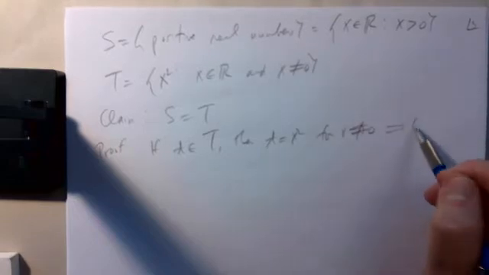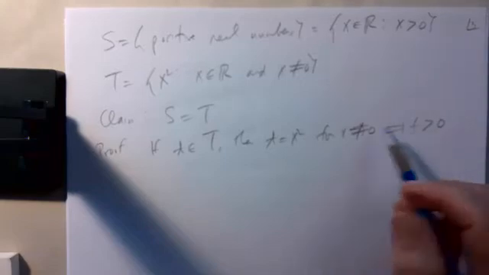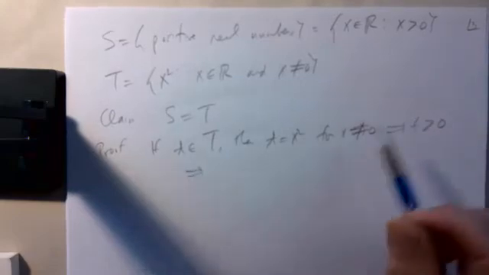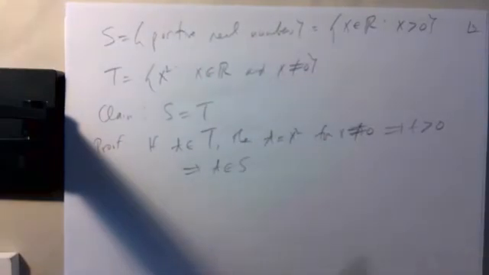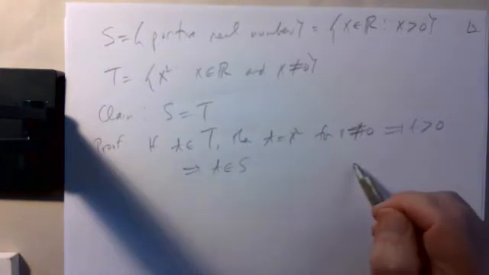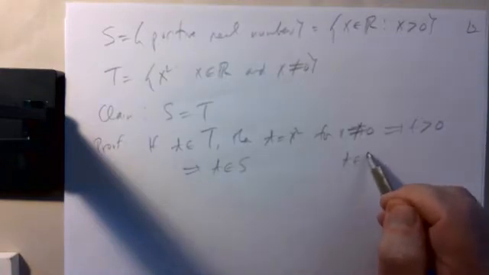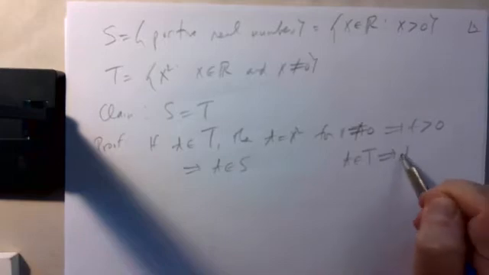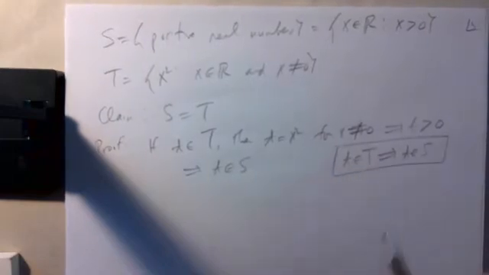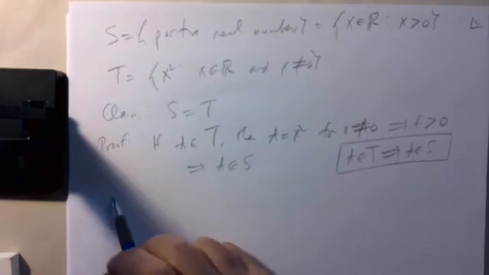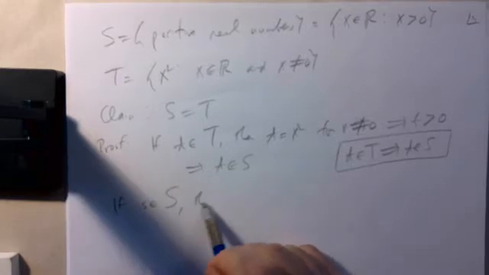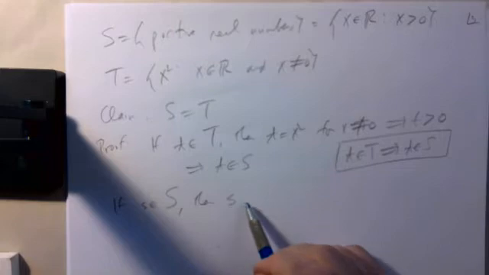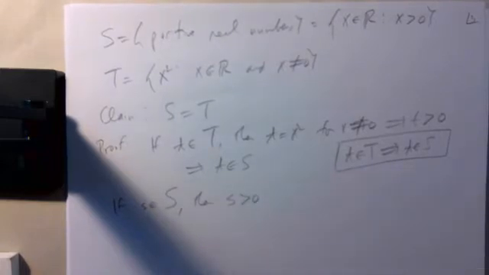And the square of a non-zero number is positive, and positive numbers, t is in S. So this statement says if t is in capital T, then t is in S. On the other hand, if little s is an element of the set S, then s is greater than 0.